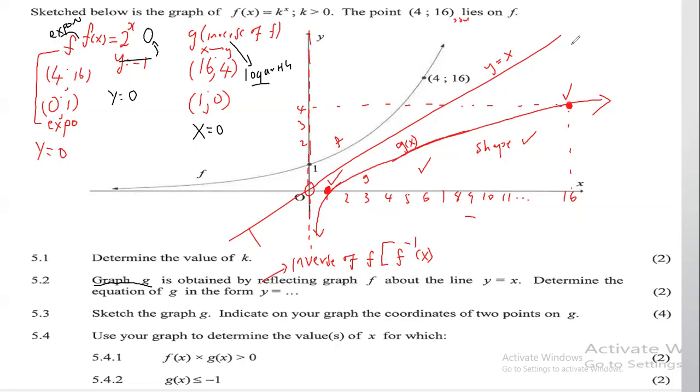But exactly the way I've sketched the graph, there is nothing wrong. You'll get your full marks, 4 marks. But make sure that you show the x-intercept 1 and 0. Make sure that you name your graph. Give us the correct shape of the graph.